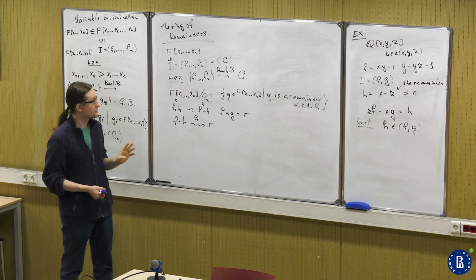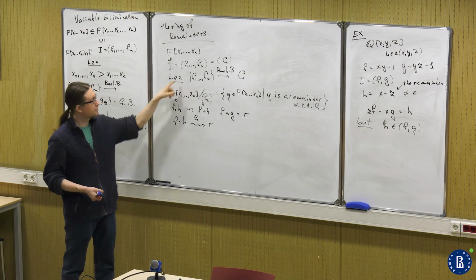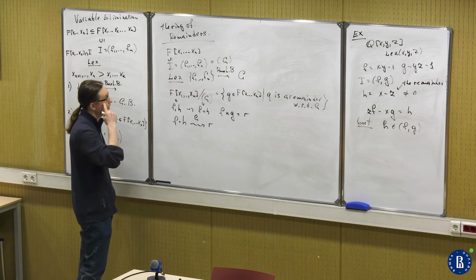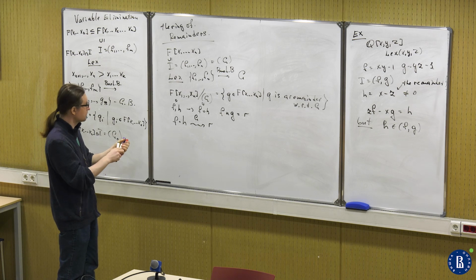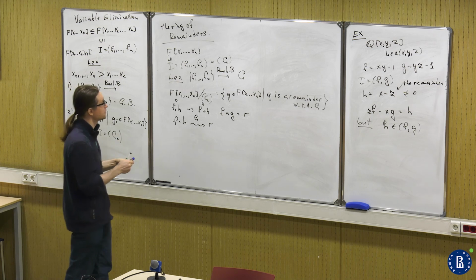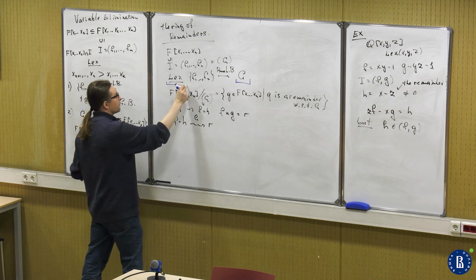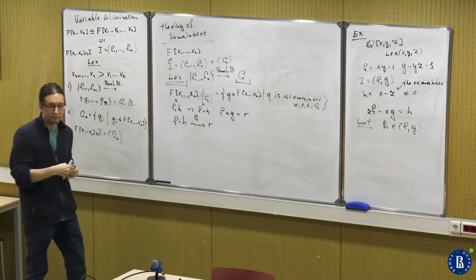Now, there are two remarks. This object depends on two things. It depends on the choice of a Gröbner basis, and it depends on the choice of the lexicographical ordering.